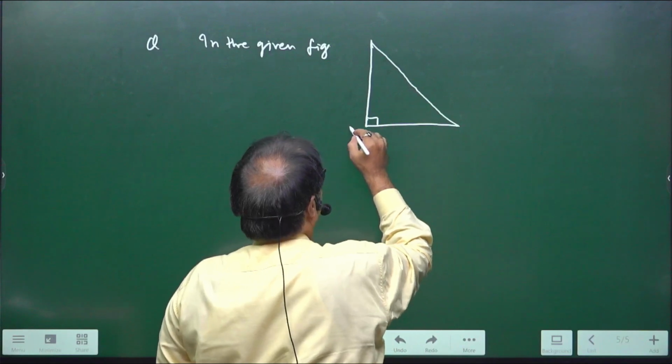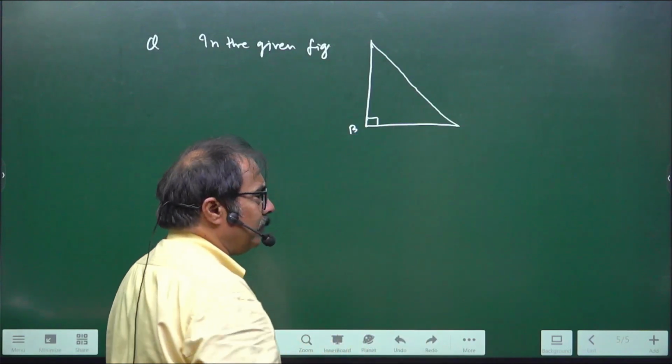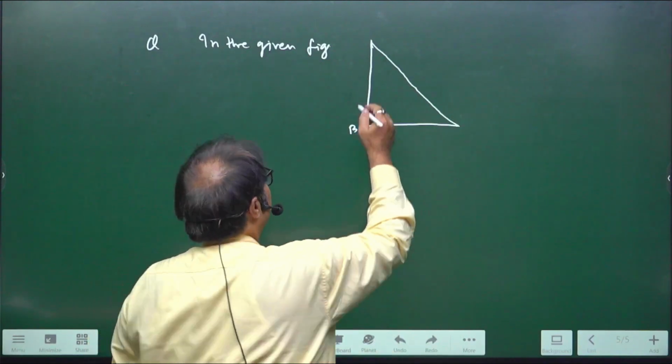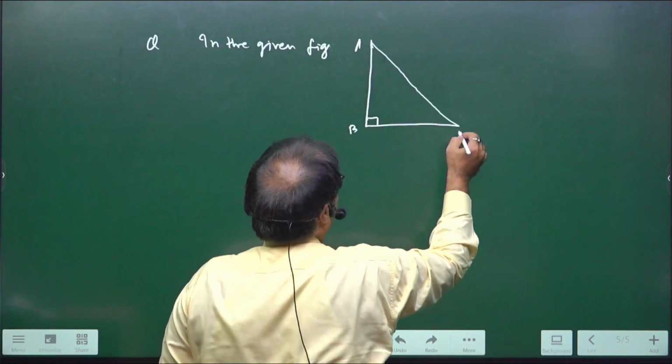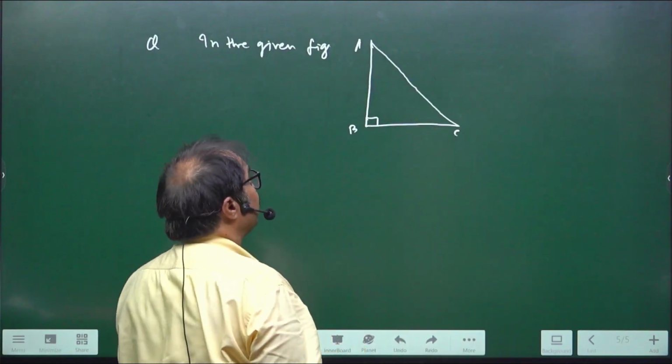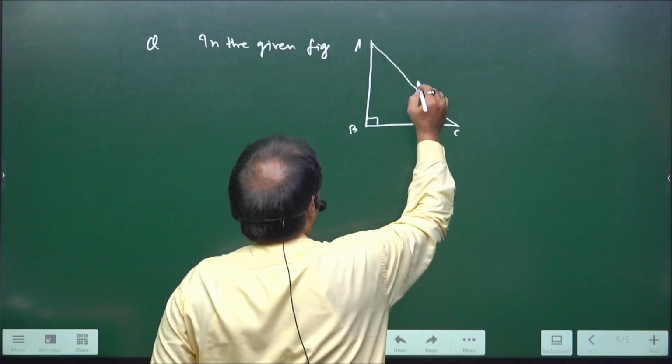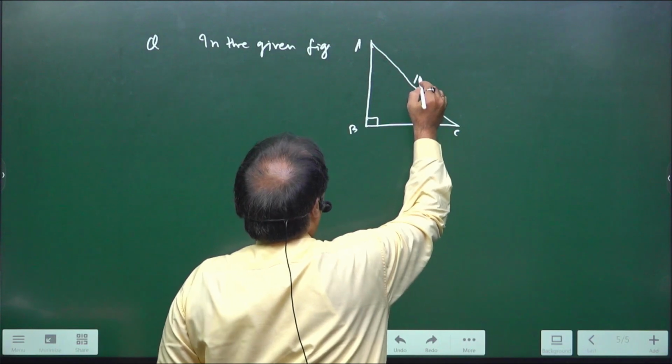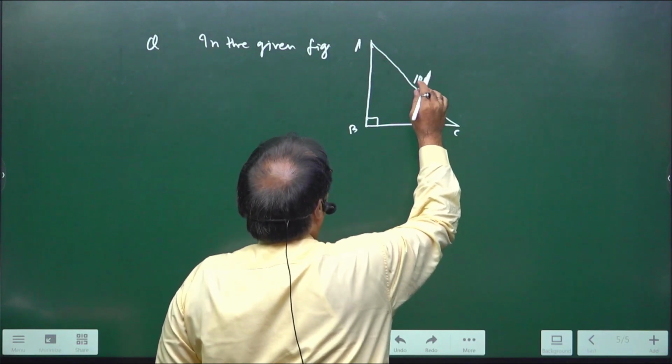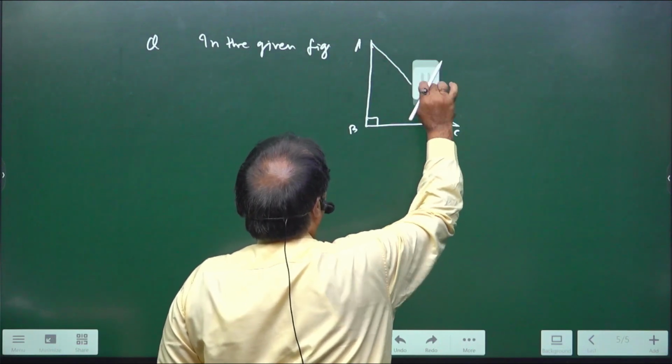The right angle is at B vertex, and this is A vertex, and this is C vertex, and this is given, say 100.